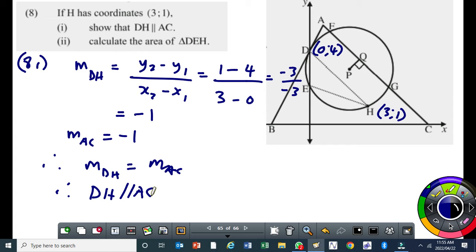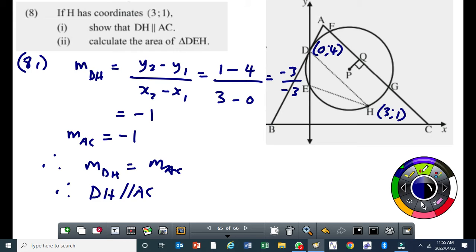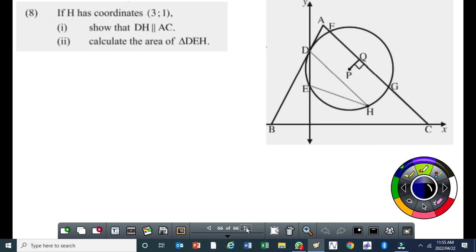Okay, so I see what you mean. Okay, I put a minus there. You should have said it properly. I did say. So 3 minus 0, that's positive 3. And then 1 minus 4, that's minus 3. Alright? Is that okay there? Yes. Right? This shows that you are following.